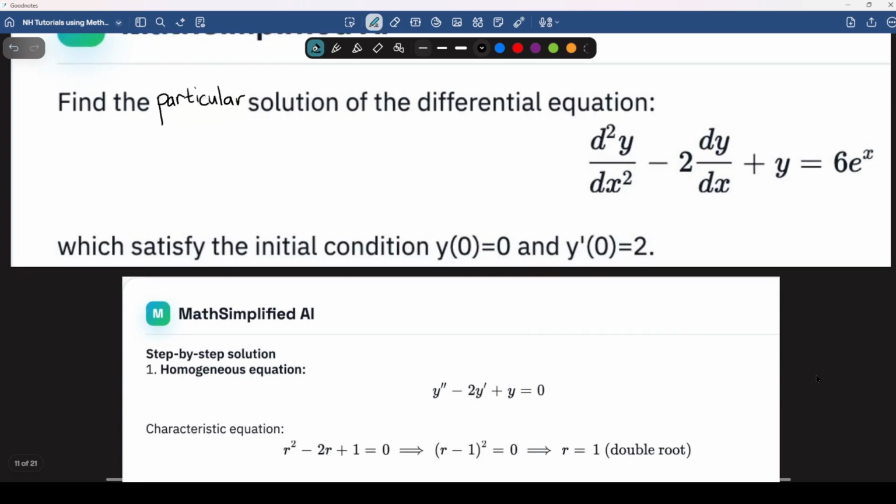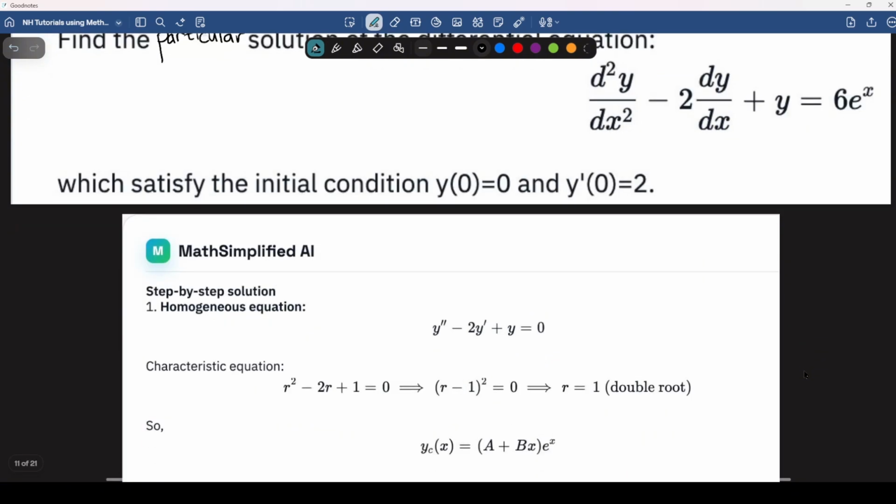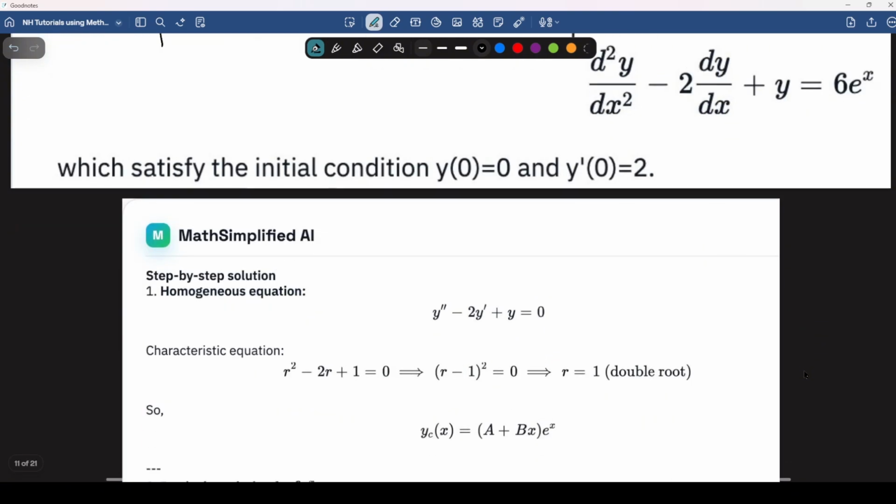So again, to solve a non-homogeneous differential equation of this type, we consider the differential equation to be homogeneous for the left side, by taking the characteristic equation, which in this case is r squared minus 2r plus 1.